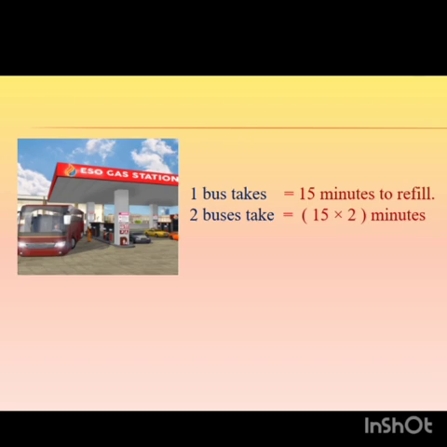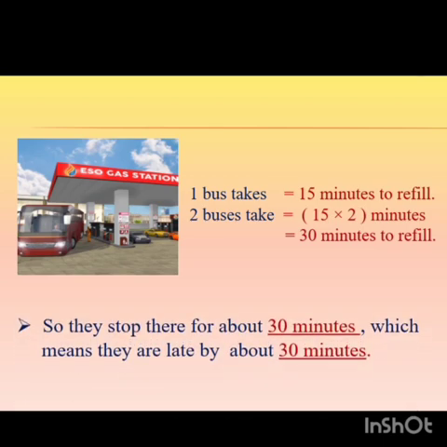As 2 is more than 1, here we have to follow the multiplication method. 15 2s are 30. So 2 buses take 30 minutes to refill the diesel. So they stop there for about 30 minutes, which means they are late by about 30 minutes.